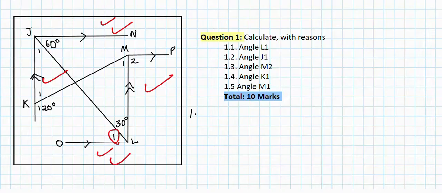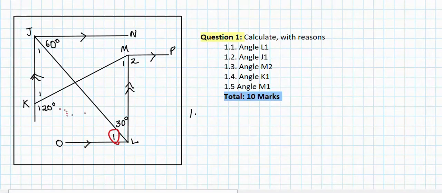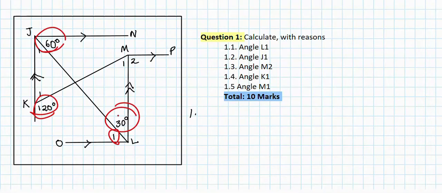That's what we are given. What else? We do see that we have three given angles. We have 120 degrees there by K, we have the 60 degrees by J, we have the 30 degrees by L there. So we'll try to see if we can use the given angles to solve for the unknown angles.